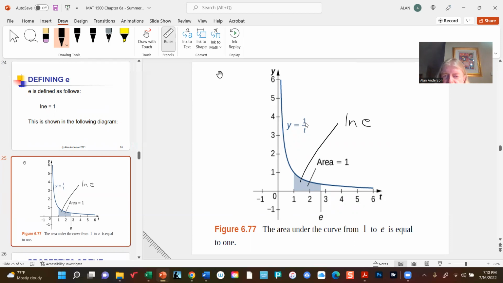But if you integrate this function, let's see what happens here. Let's prove this ourselves. This is equal to t to the minus 1 dt.